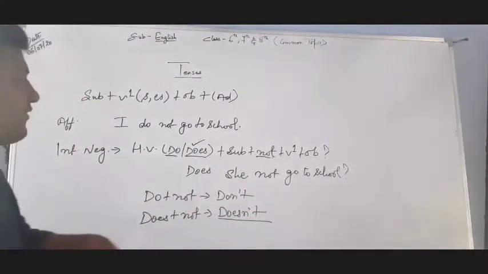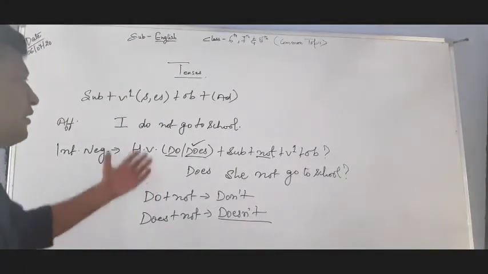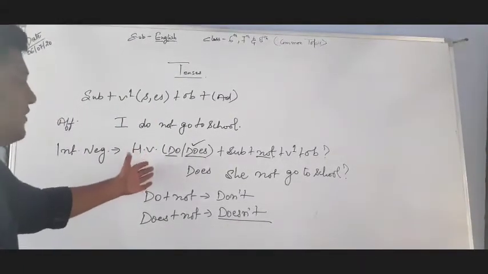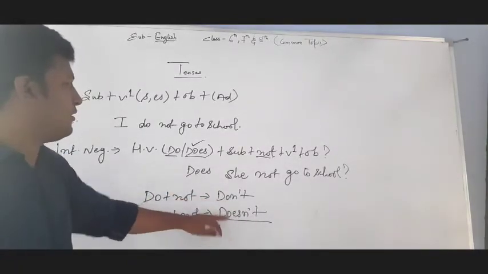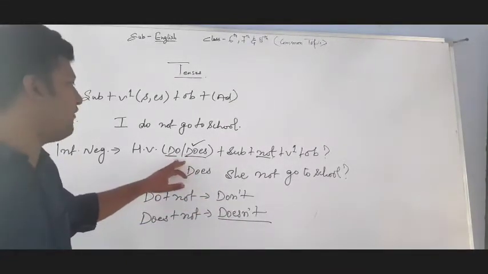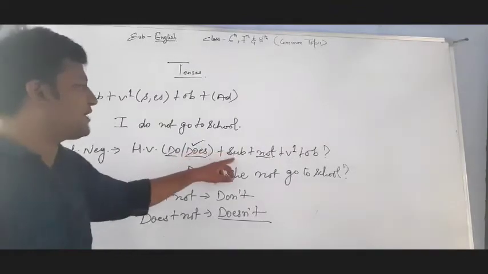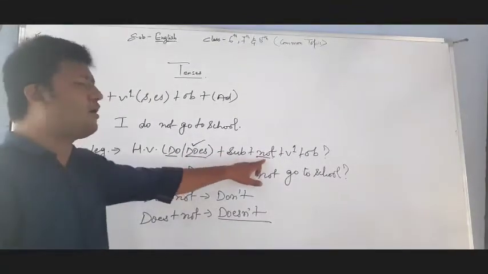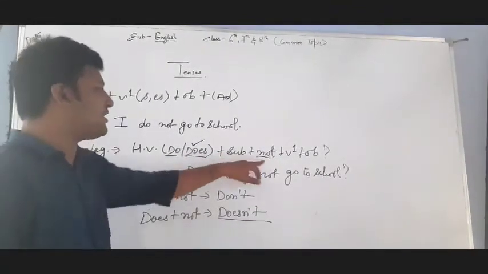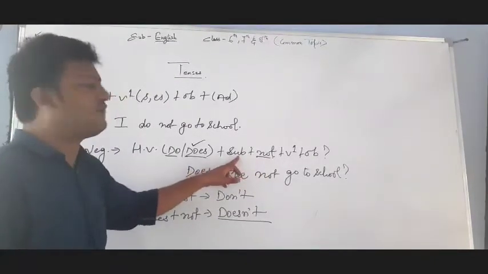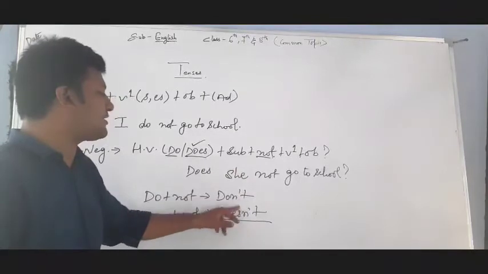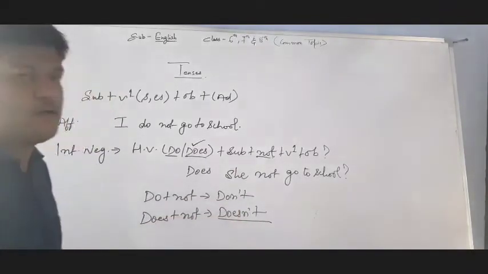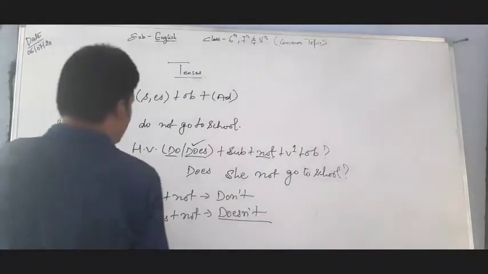How? Let's take one more example. I will write the formula again with the contracted forms don't and doesn't. Here I have chosen the full form, that is do, does, plus subject in the middle, and not. Auxiliary plus subject in the middle plus not is the full form. If I want to use the contracted form don't and doesn't, then how will I write? Let me teach you.